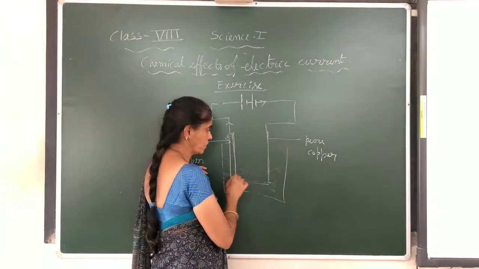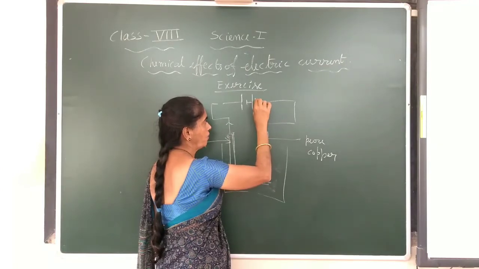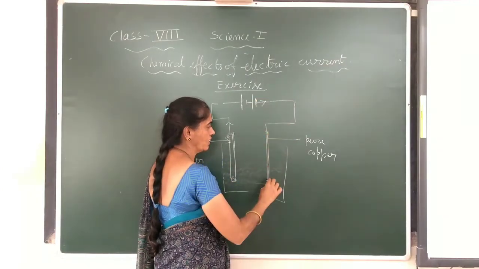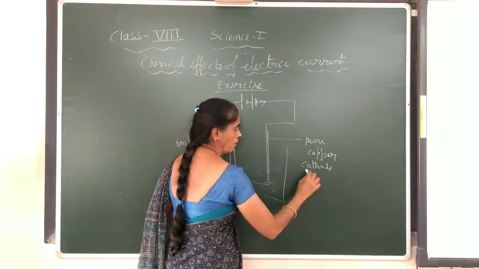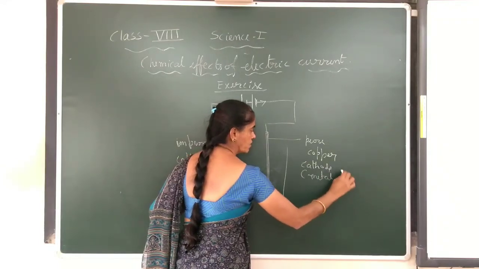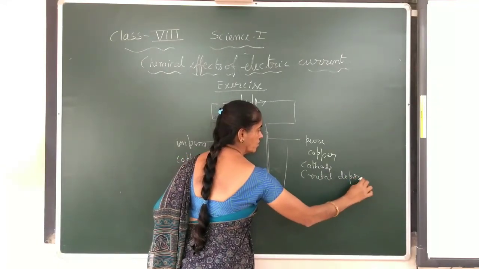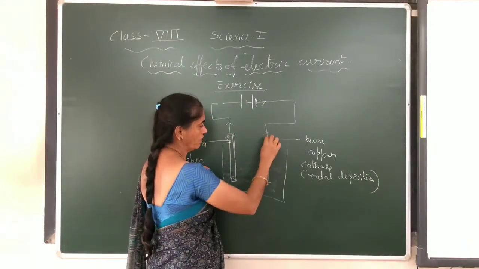While electroplating takes place, the metal connected to the negative terminal of the battery is called the cathode. This is the cathode, where metal will deposit. So here copper metal will deposit.